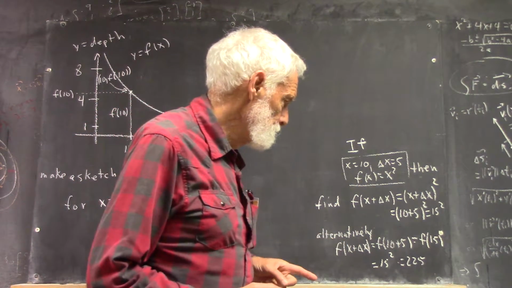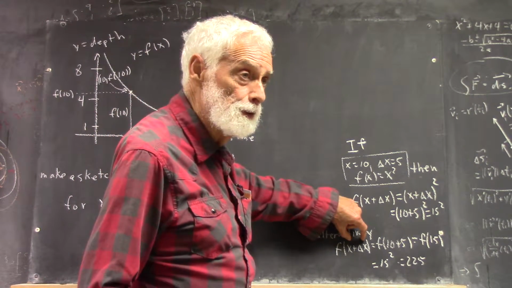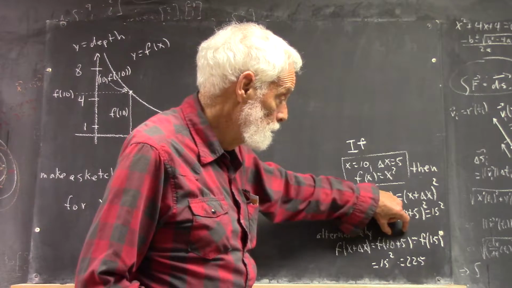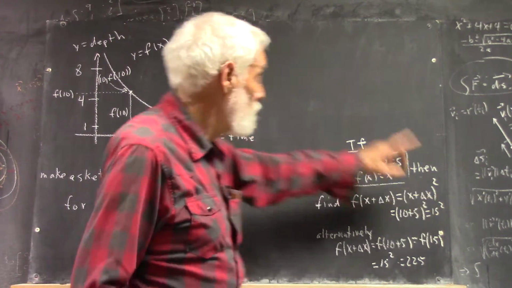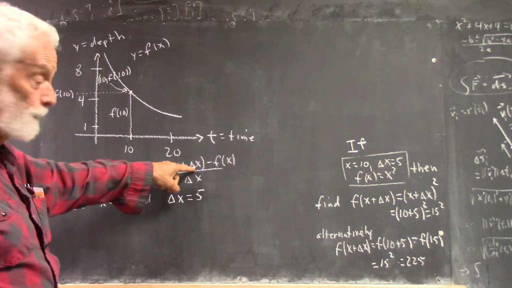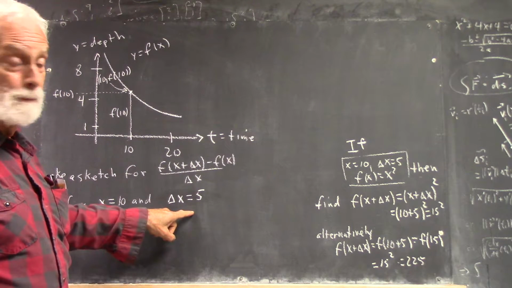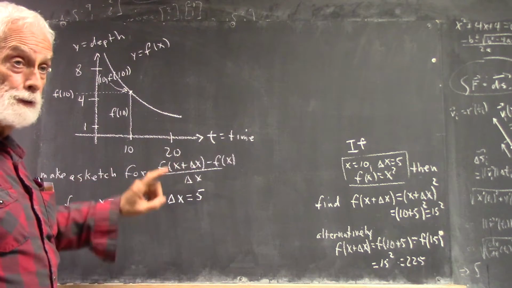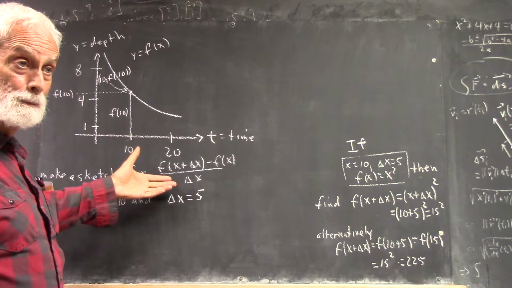Now the point is that we can evaluate x plus delta x, right, at first, and we get f of 15, right? Now over here, we've got the expression f of x plus delta x for x equal 10 and delta x equals 5, right? So what's f of x plus delta x? Isn't it still f of 15? Yeah.